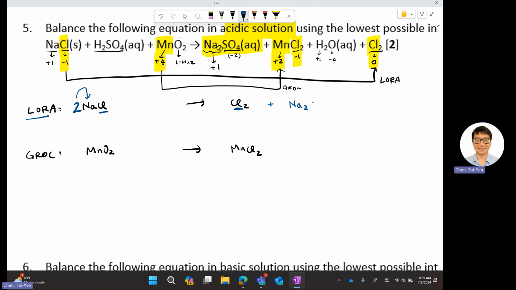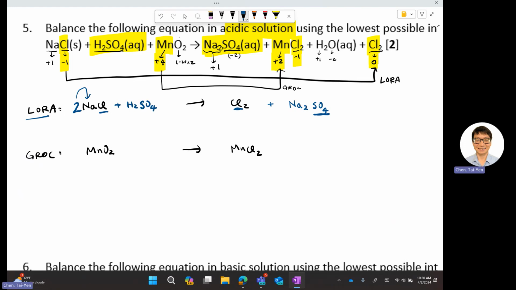So that is the species you need to use to balance your Na. Once you add Na2SO4 on your product side, you balance your Na, but at the same time you also introduce SO4 on the product side. So you balance the SO4 using what you have on your reactant side. The species that can give you the SO4 is H2SO4, therefore we add in H2SO4 here.